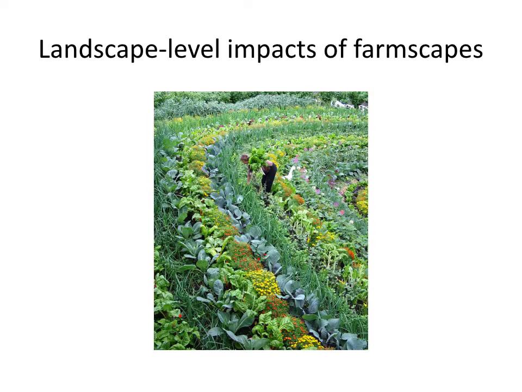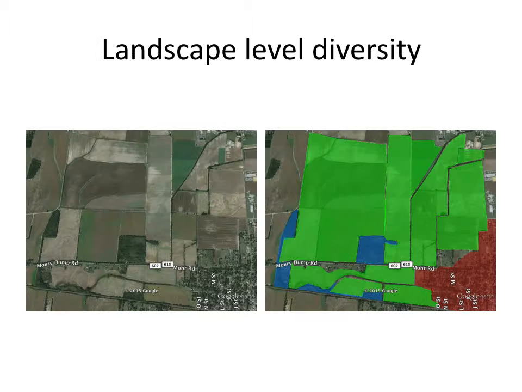So let's look at, this is just a map, and this map is of Wynne, Arkansas. It's in the upper Mississippi River Valley, and it's in an area of very, very intensive rice production.